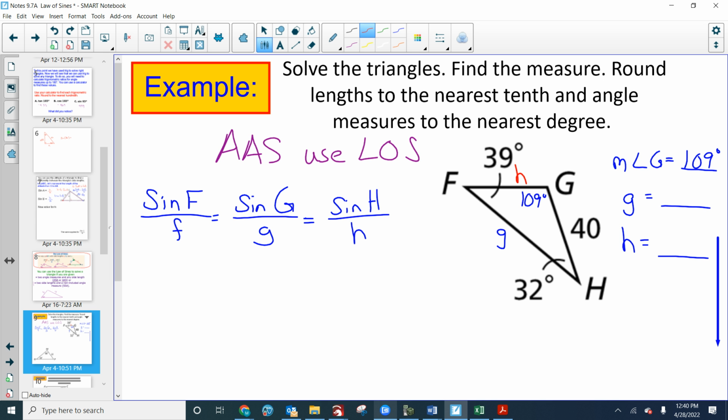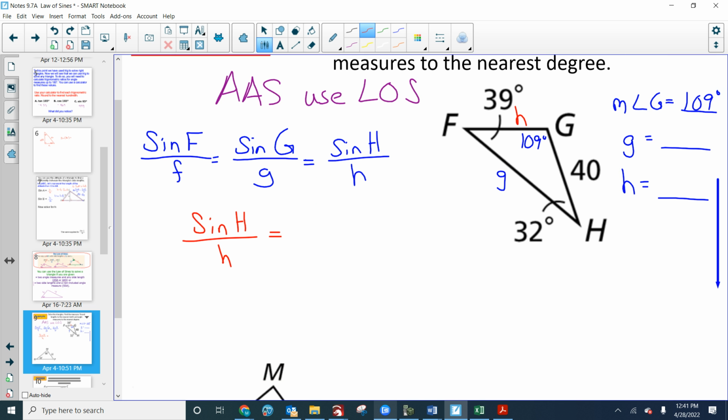All right. So we're going to do sine of h over h equals, well, let's fill in the numbers. Sine of 32 over h. H is my unknown. Everything else in this setup has to be known. So what other fraction do I want to use?